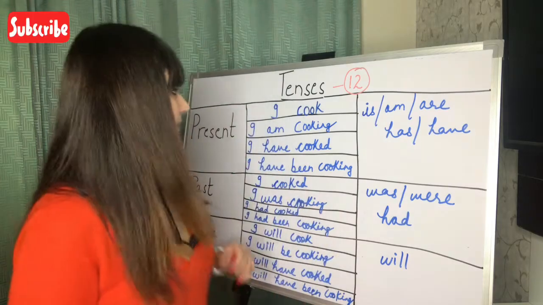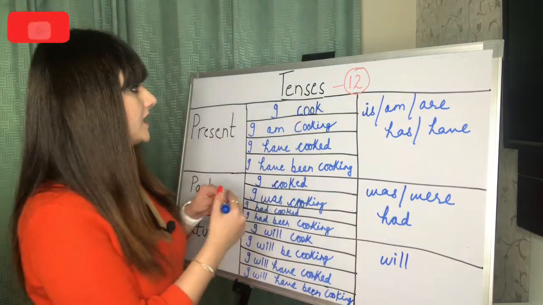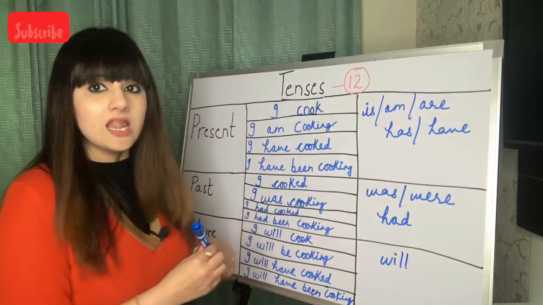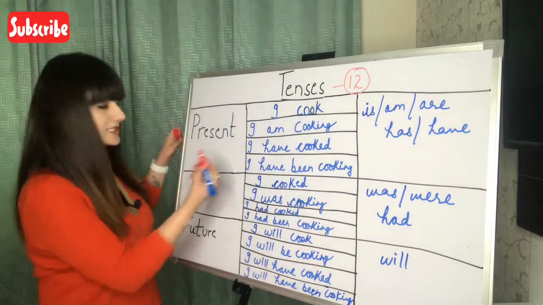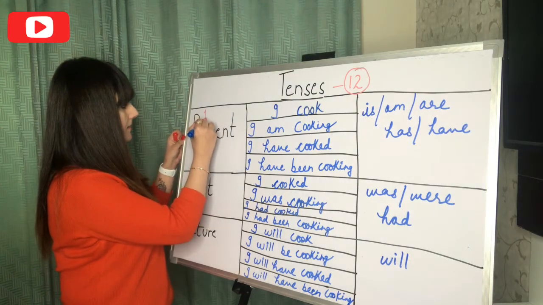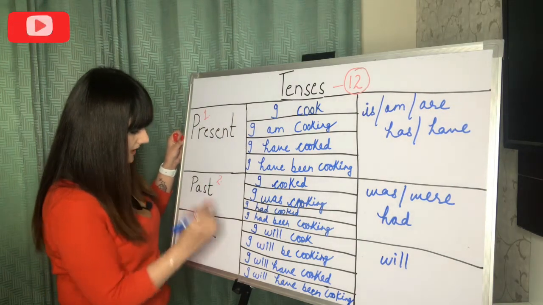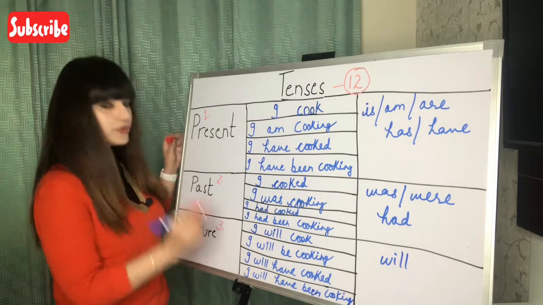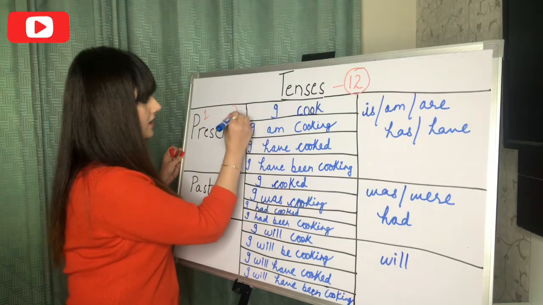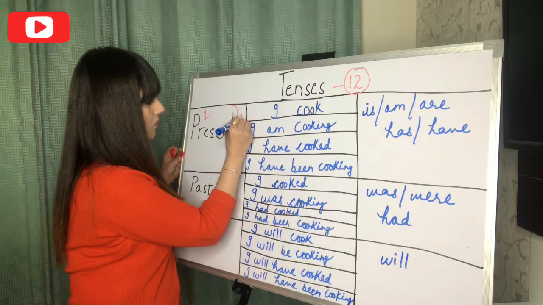All right? Okay. So there are 12 types of tenses. Let's see the 3 main tenses I'm talking about here. The one is your present, then your past, and this is your future. But under this we have another 4 each.